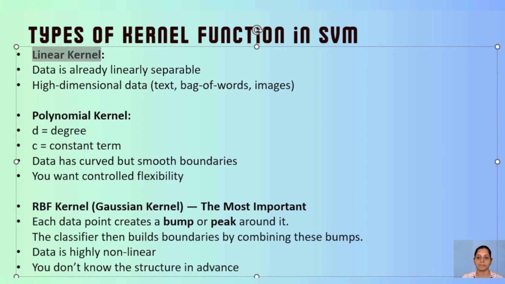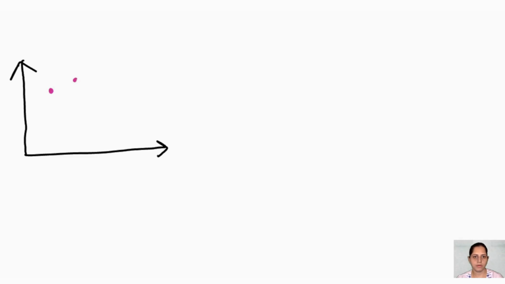If I create data points, again I am taking the same example, or let me take two different types of points. Suppose I have these data points, and one more is going to be my green color.